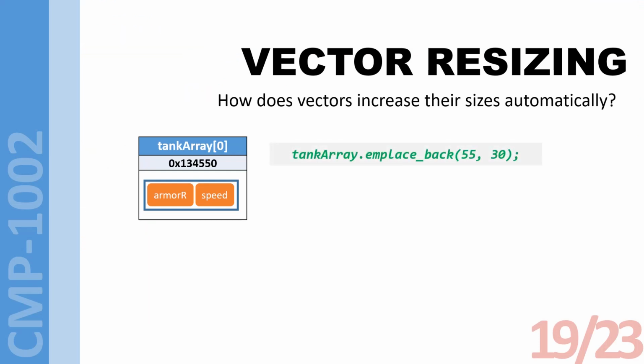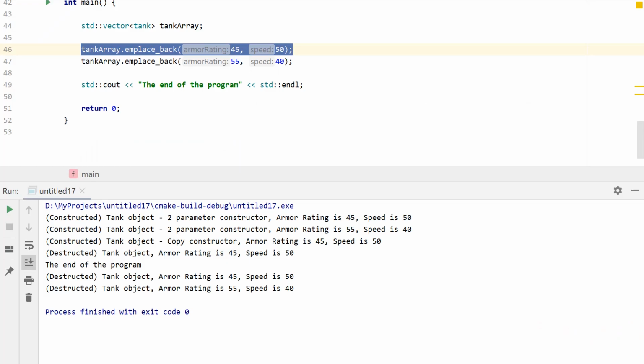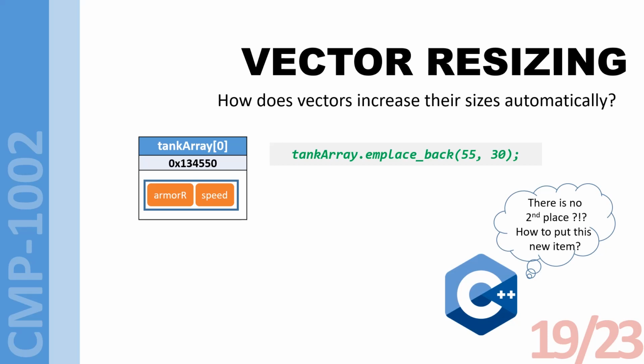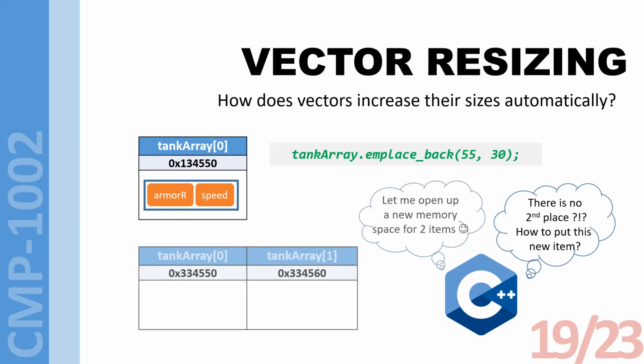Then you write down the second item, the 55, 30. Oh, yeah, the numbers are different. So C++ is saying the tank array, this vector, doesn't have any second place. So what should I do? How am I gonna put it there? Because there is no such place. So it says, let me open up a new memory space for 2 items. And as you can see from the addresses, they are different places. It is not the next block here, right?